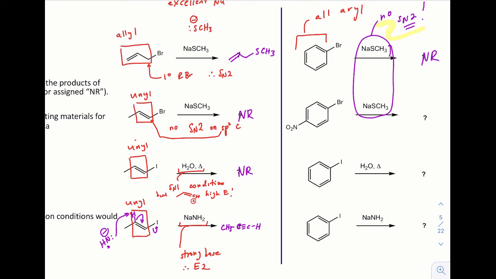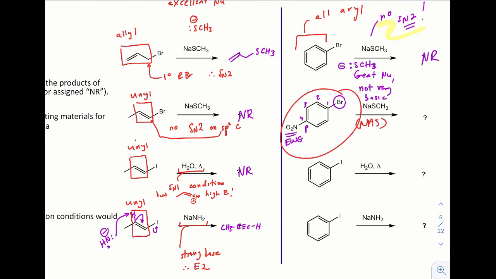In comparison to the second reaction, where there's an electron withdrawing group, para, so in a 1,4 relationship to this bromide leaving group, we have sodium thiolate, which is a really reactive nucleophile, but it's not very basic. So I believe that nucleophilic aromatic substitution will occur on this substrate, and an addition elimination mechanism generating the sulfide.